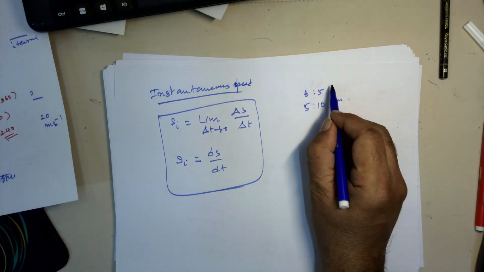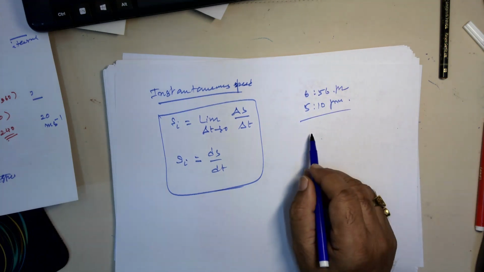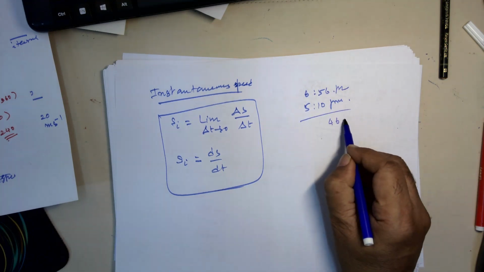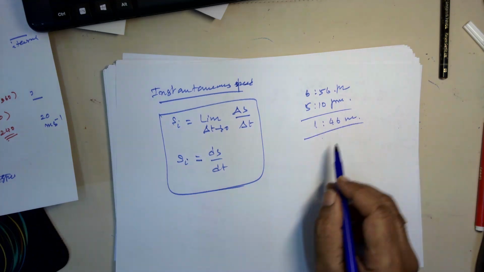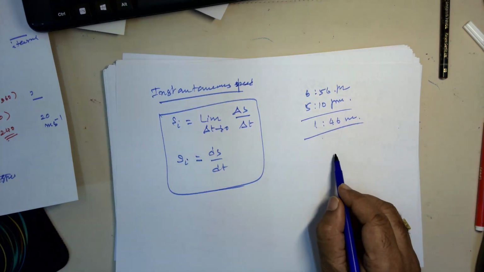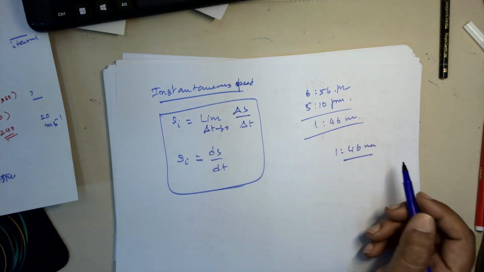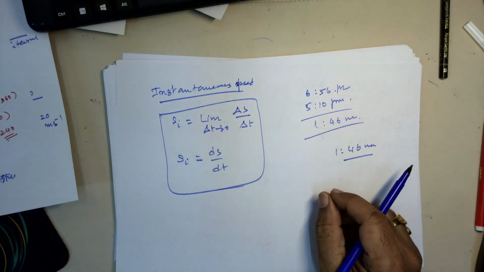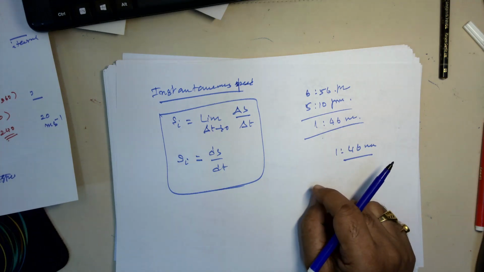So what is the duration? 46 minutes, and 1 hour. So I have been taking this class for the past 1 hour 46 minutes, correct? Now that is how much you have learned from me.